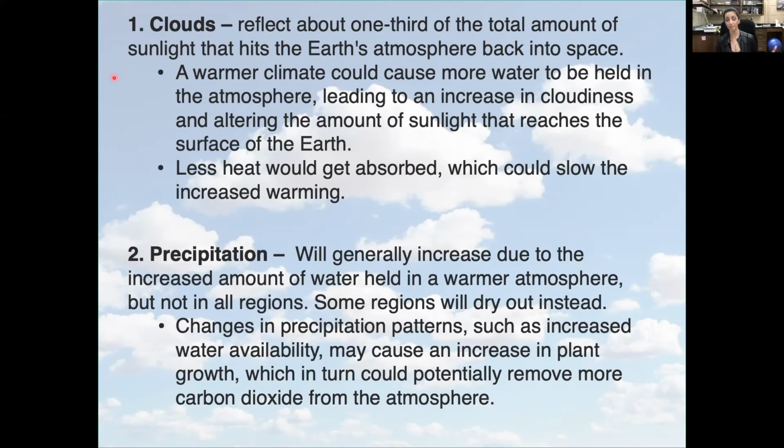Some regions would experience more precipitation. Other regions might experience less precipitation. By and large, though, we could expect to see changes in precipitation patterns, like increased water availability, promoting plant growth. Plants will draw CO2 out of the atmosphere, thereby hindering climate change.